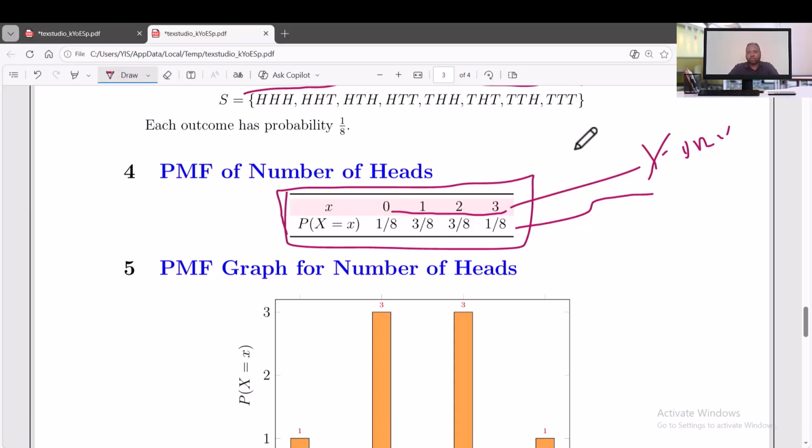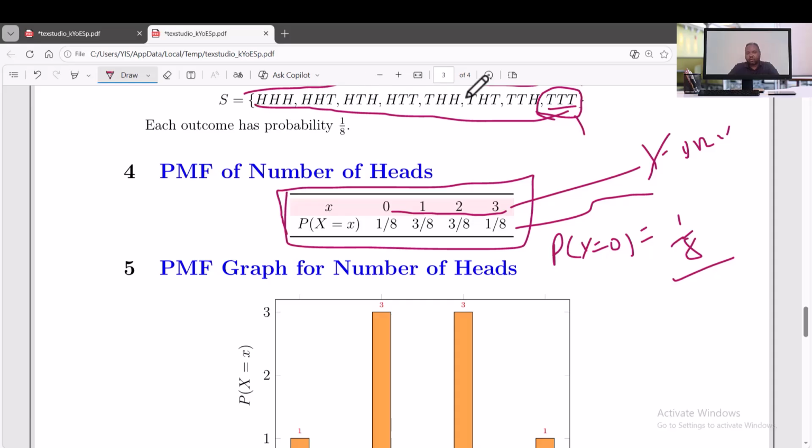The probability of getting an outcome with no head is 1 over 8. We have 8 outcomes, from which there is one favorable outcome with no head. So the probability of x equals 0 is 1 over 8.